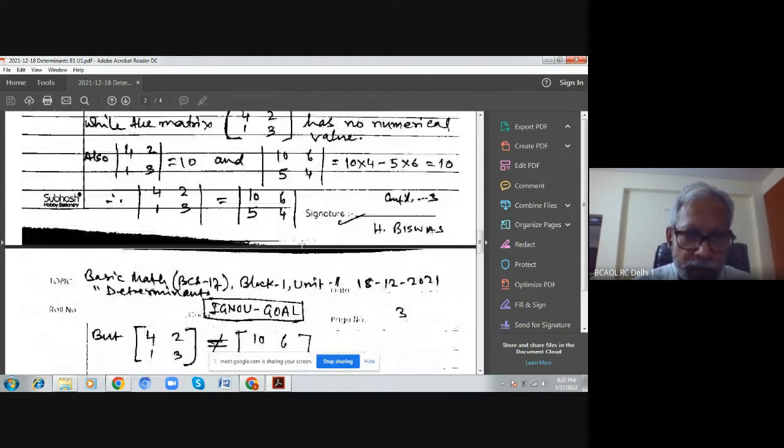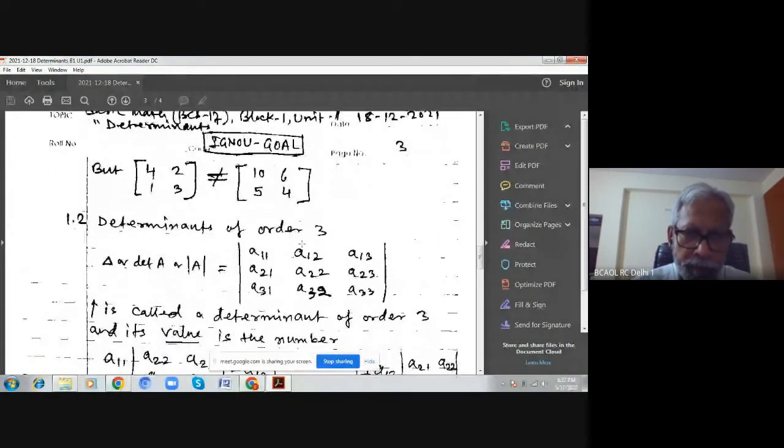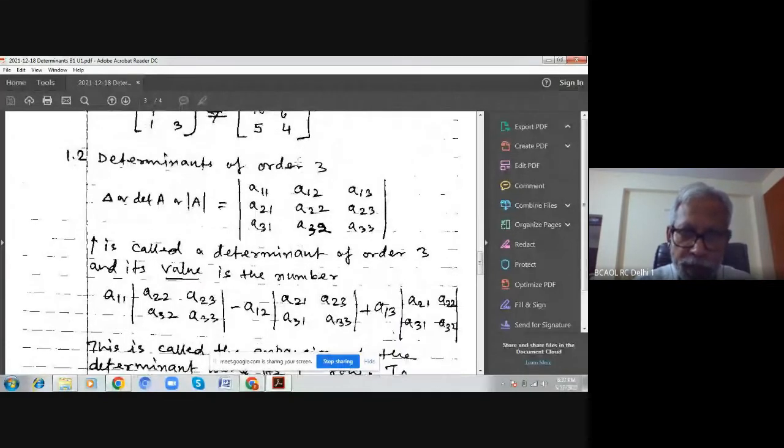Now let's see the 3. In case of order 3 determinant, in this case you have to, what are the elements? First element A11 comes in here, and the balance part, after covering the first row and column including first element A11, you can write it here, and cross the multiplications.